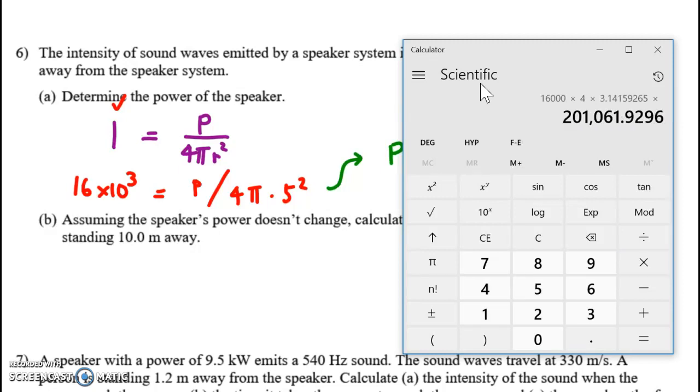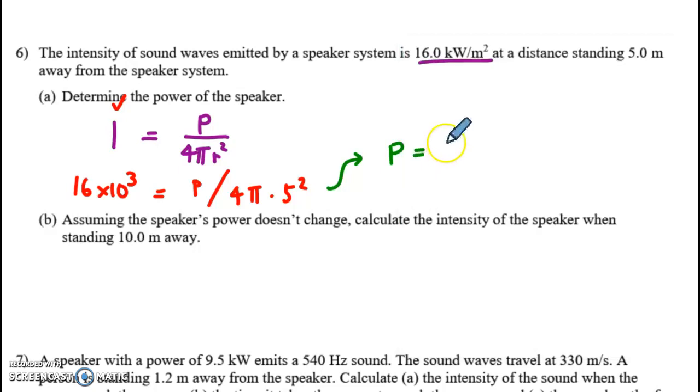Again, use the pi button. Whoa. What just happened? We have 16, 1, 2, 3, times 4 times pi times 25, which is 5 squared. We get 5.0 times 10 to the 6. That's 1, 2, 3, 4, 5, 6. Again, the unit for power is watts.